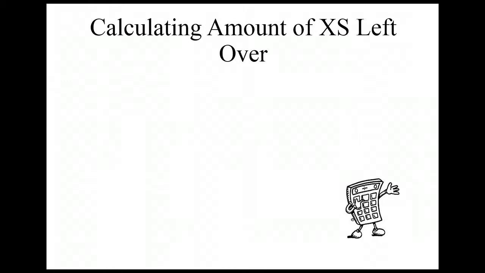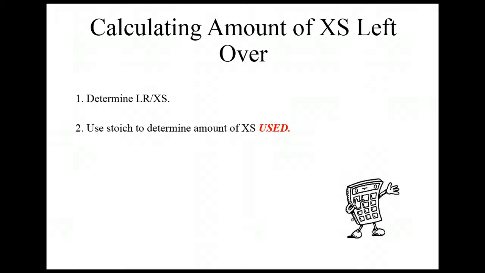Calculating amount of excess reactant left over. If you haven't done so already, the first step would be to determine the limiting and excess reactant. Step 2, use stoichiometry to determine the amount of excess reactant used or consumed. We want to know how much in the process of the reaction is actually used up, and once we have that amount determined, we can subtract it from the original amount.